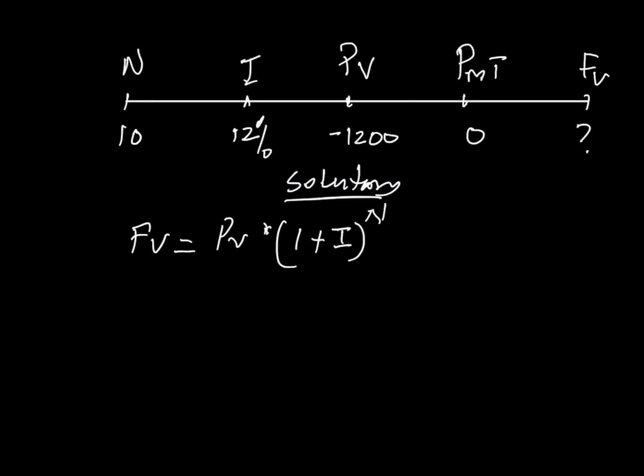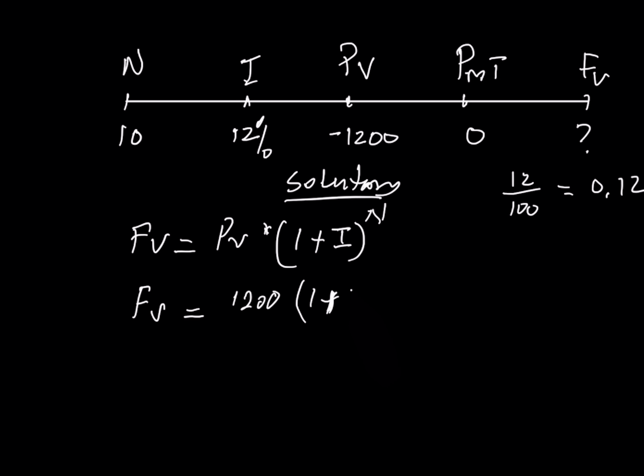So now, if we input all the values that we have in this formula, we will have the future value equals $1,200 multiplied by 1 plus the interest rate. The interest rate is 12%, but we have to convert the 12% to decimal. It's going to be 12 divided by 100, equal to 0.12.